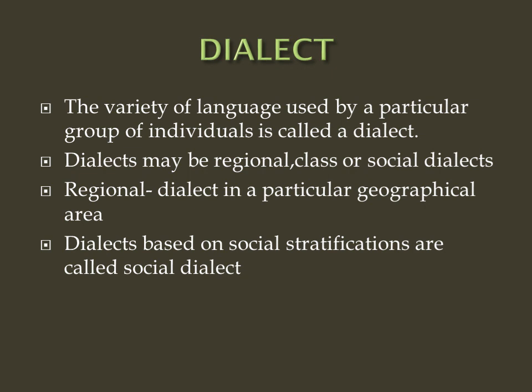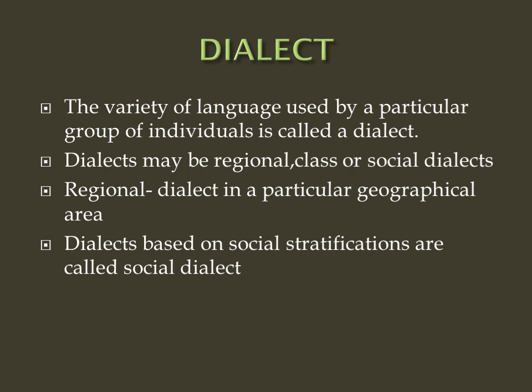The growth of education, the spread of newspapers, magazines, radio, television, etc., have been the chief reasons for the leveling of dialectical variations. The spread of standard English has been another factor for the same.